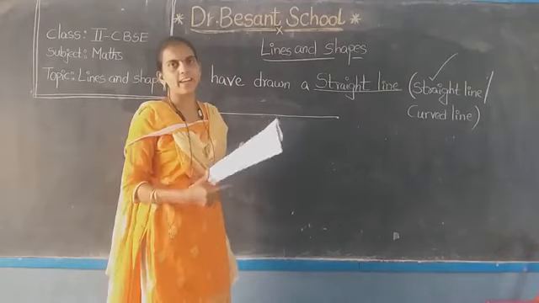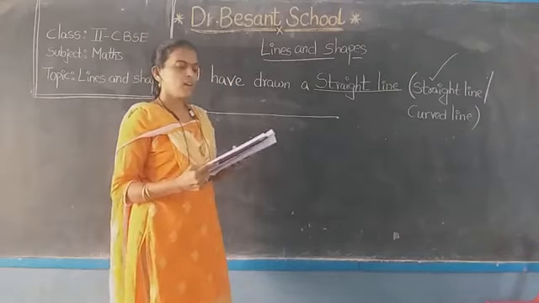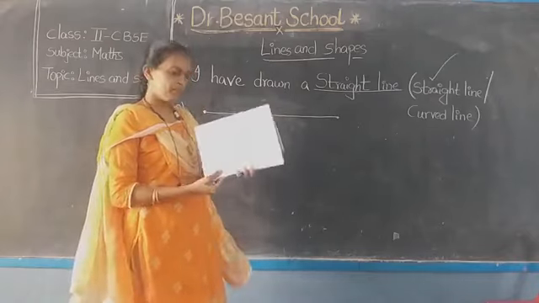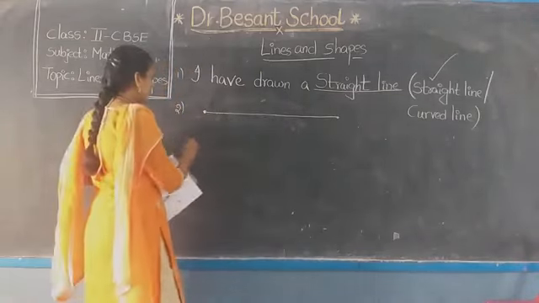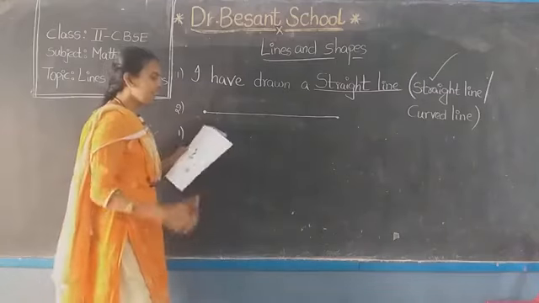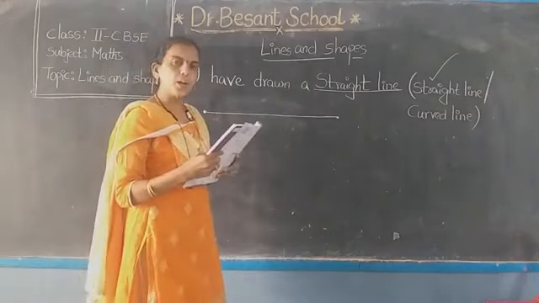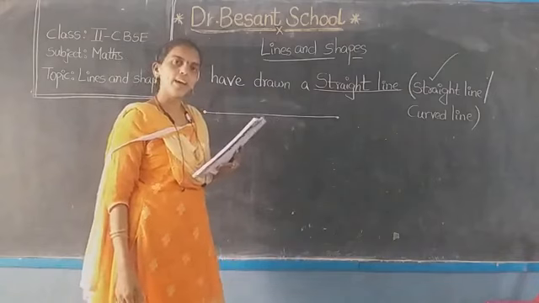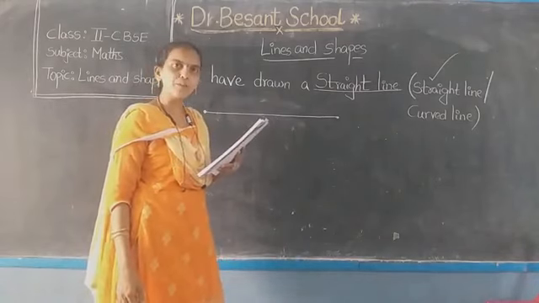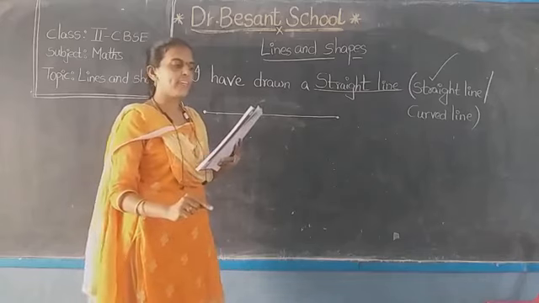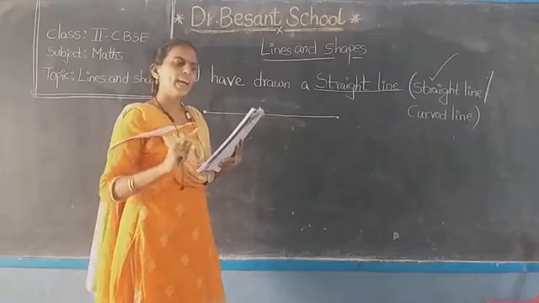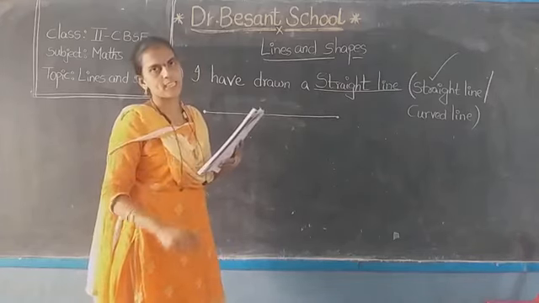Now, page number 5, children. Open page number 5. See, in that, use a ruler. That means you have to hold the scale to draw straight lines between any two given points.